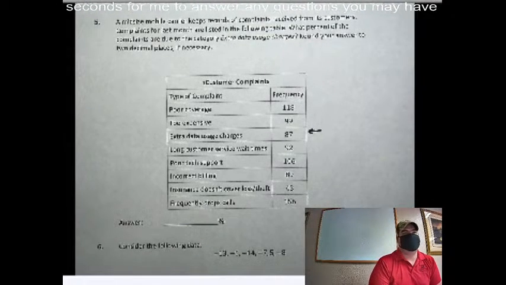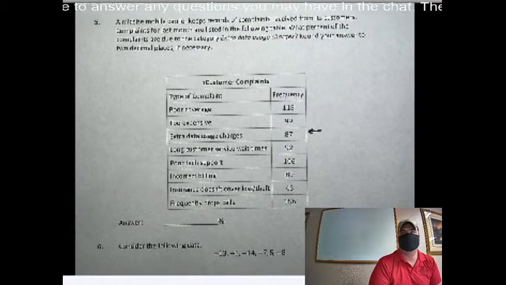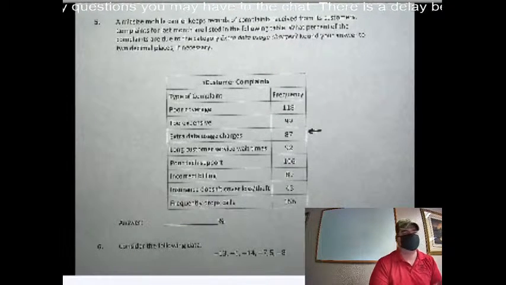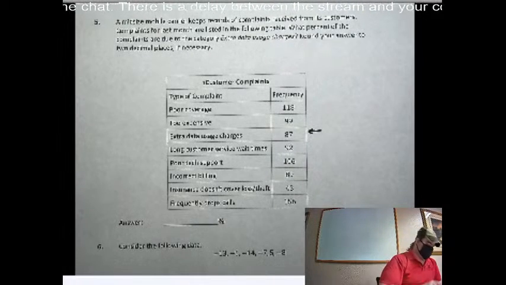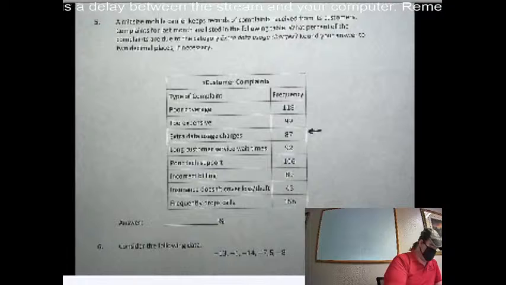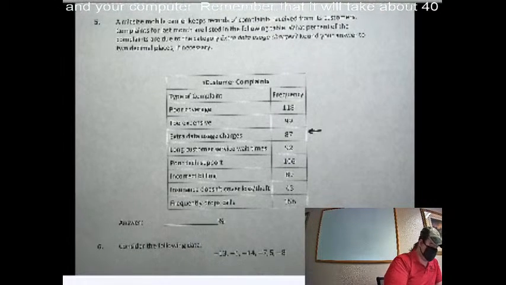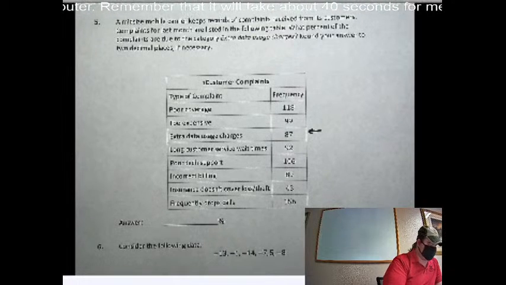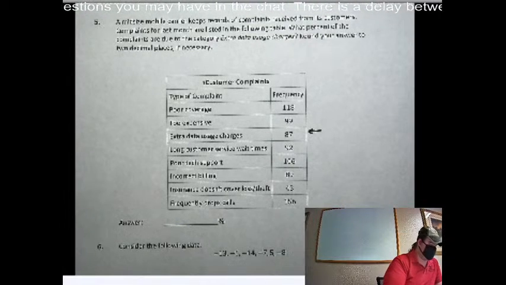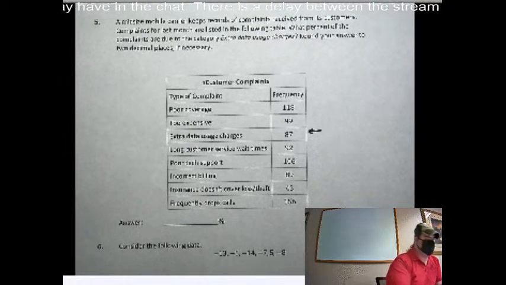The first thing we need to know is the total, the sum. So let's add all these up: 118 plus 99 plus 87 plus 92 plus 106 plus 89 plus 43 plus 156. So we get 790.